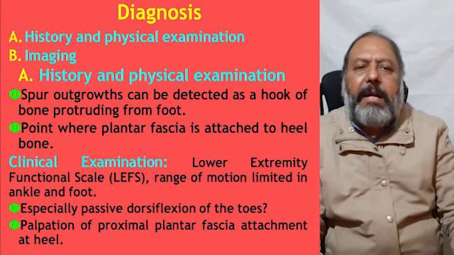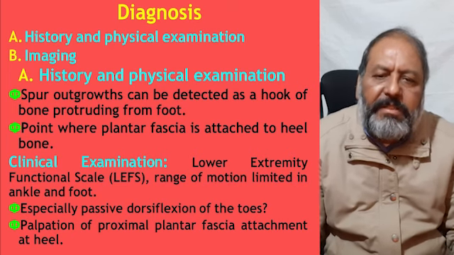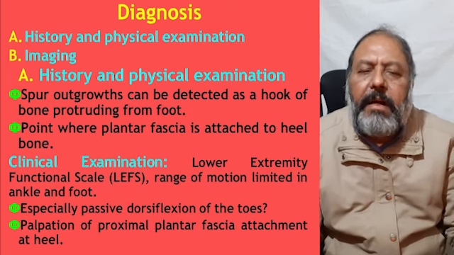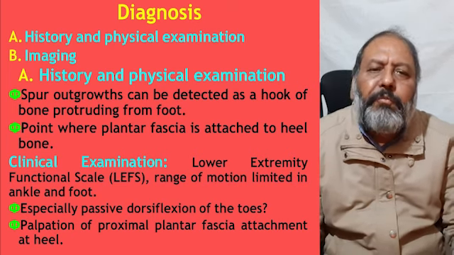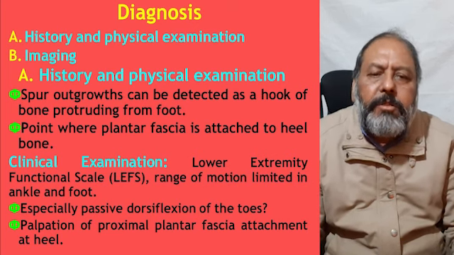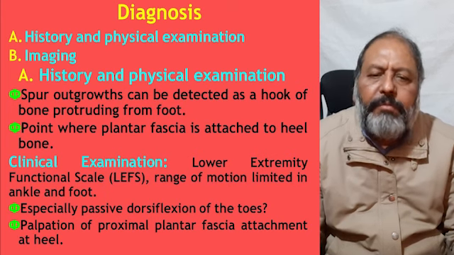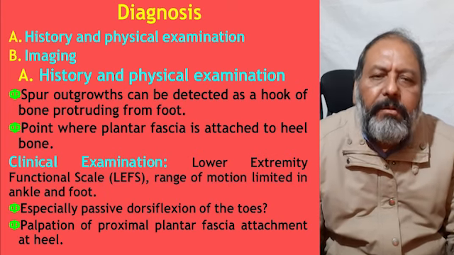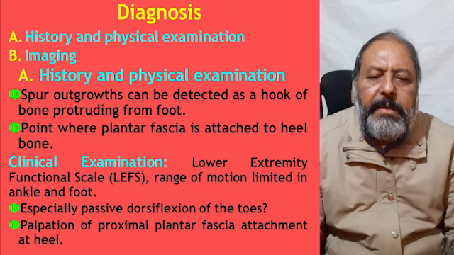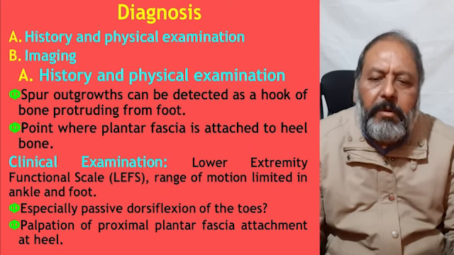So, coming to the diagnosis of the calcaneus spur: history and physical examination, and imaging. First, the history and physical examination. Spur outgrowth can be detected as a hook of the bone protruding from the foot. It's the point where the plantar fascia is attached to the heel bone.